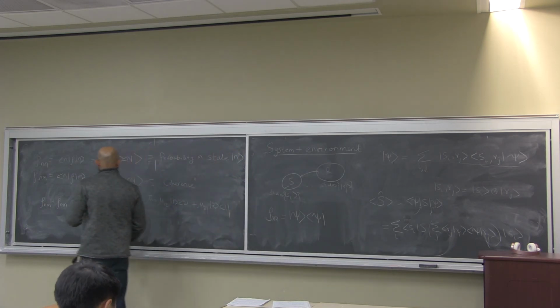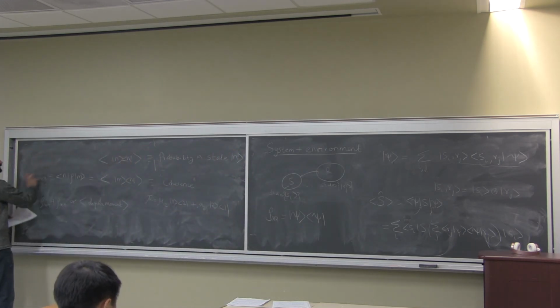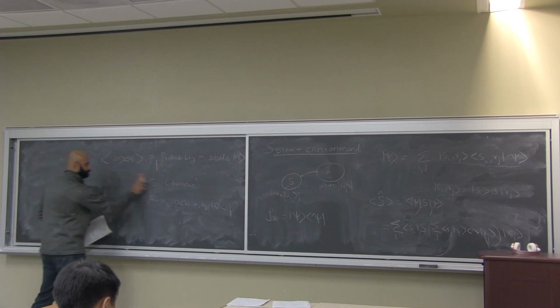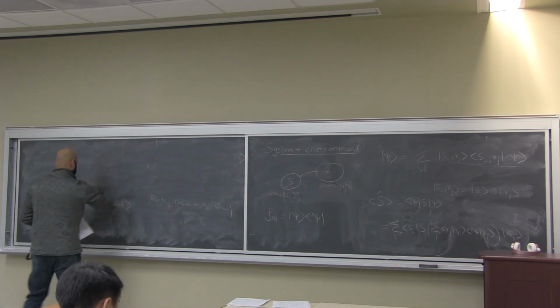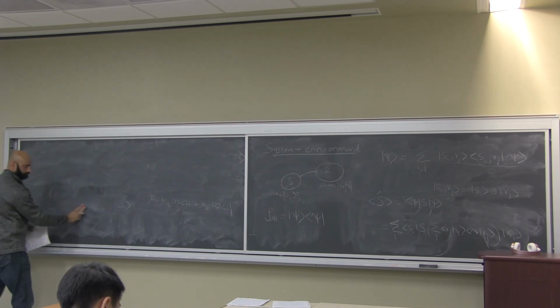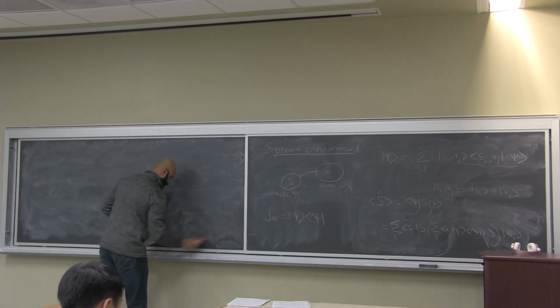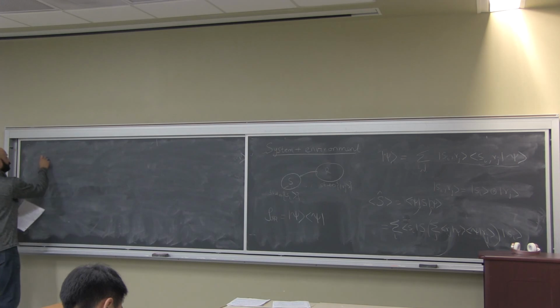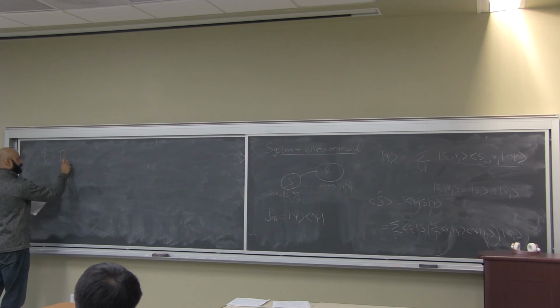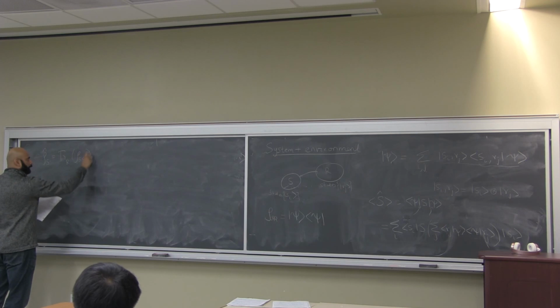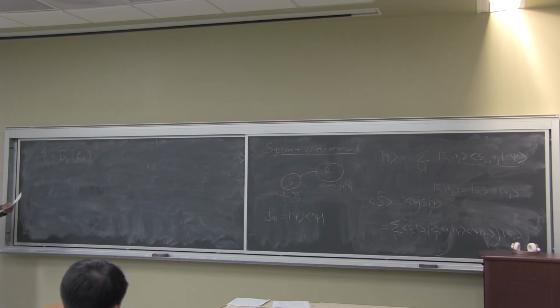So let's write down the definition. Rho S is called the system density matrix, obtained by taking the trace over the reservoir degrees of freedom of the density matrix of the entire universe.